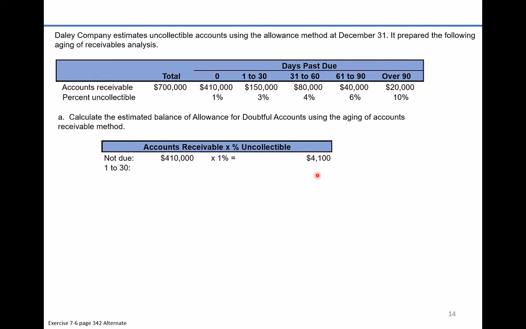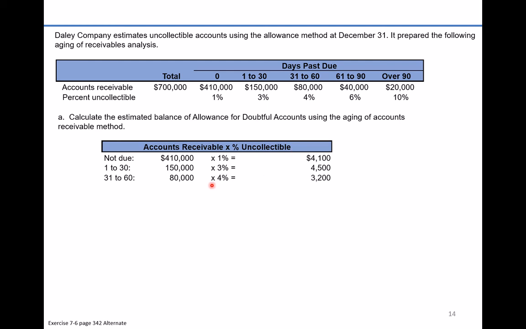The next time period, 1 day to 30 days, $150,000 times 3%. We think that's $4,500 that we don't think we'll be able to collect. For the next period, 31 to 60 days, the amount of $80,000 times 4%.